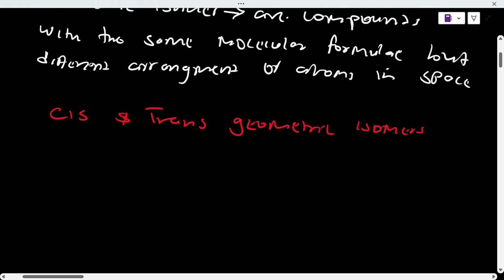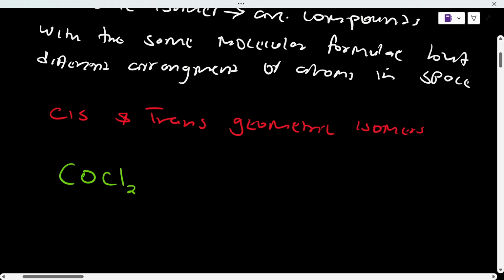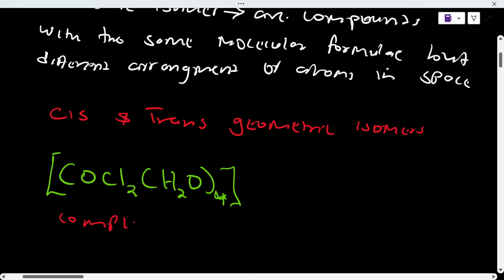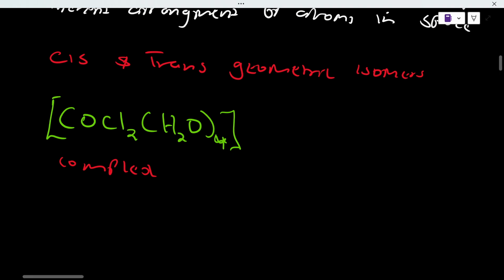I'm going to use tetra aqua cobalt 2 chloride, which is written as CoCl2 into bracket H2O 4. This one is an example of a complex, and I'm going to use this as my example to explain the cis and trans geometric isomers exhibited by complexes.